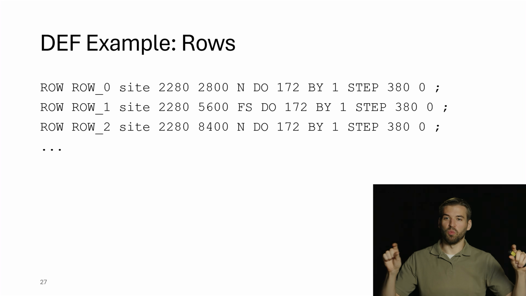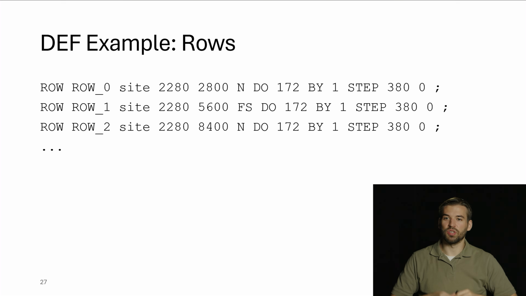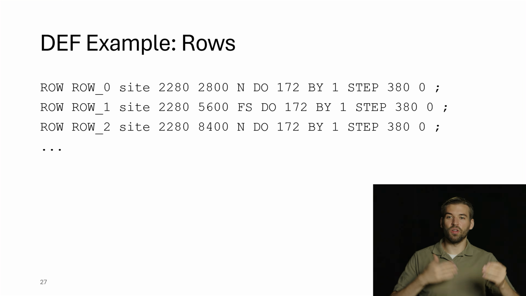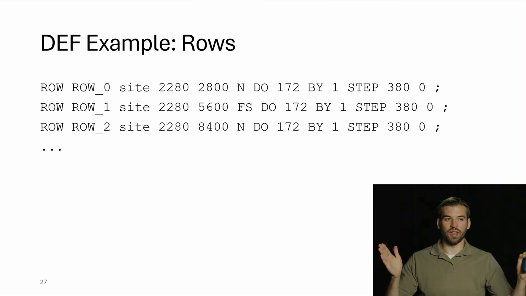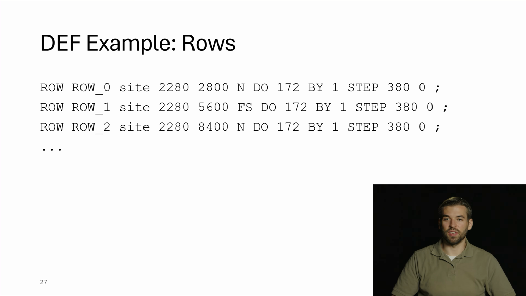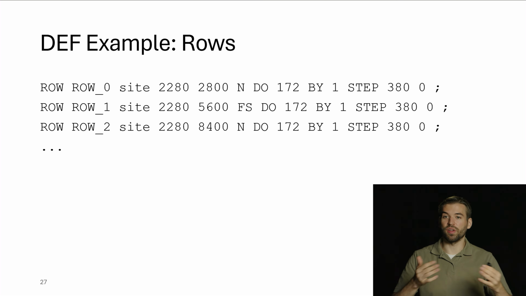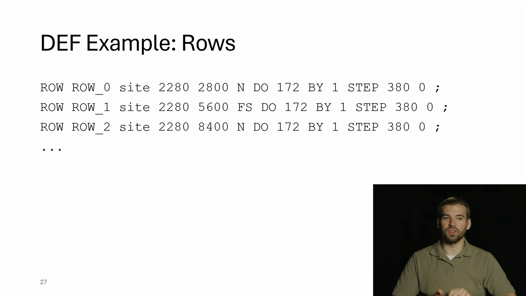Then there's going to be row 1, row 2, and so on for however many rows there are in your design. All of the X cell sites and Y cell sites will specify all of the placeable sites for each of your instances in your design. So this is creating a grid of all of the places where you can snap on your Legos, or rather place your cells.